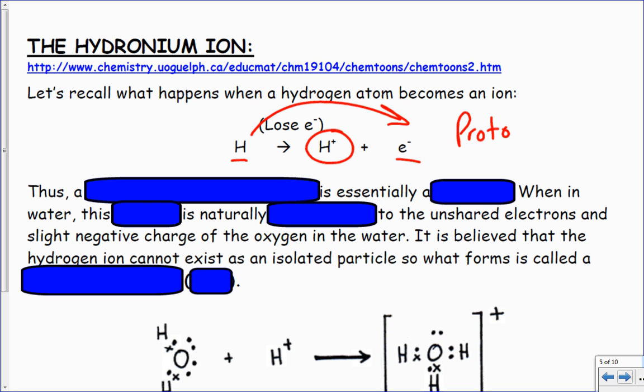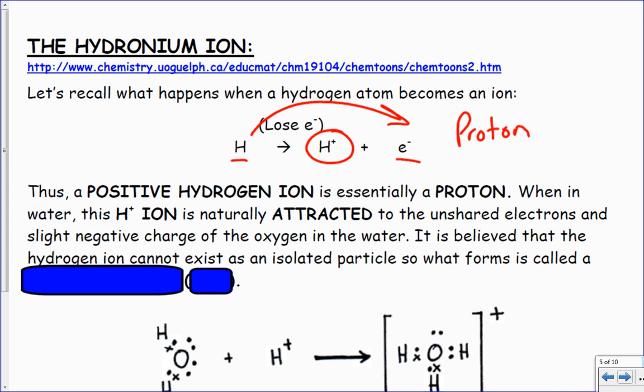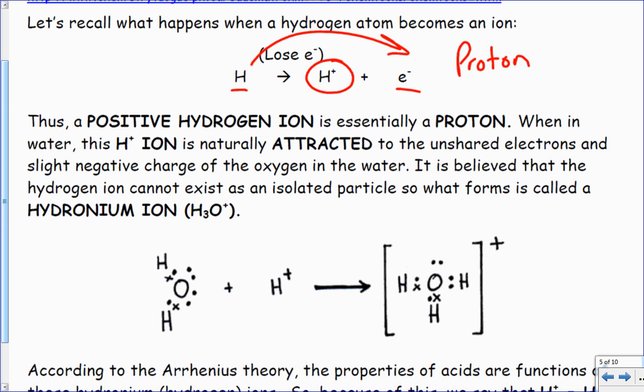That's all I have is a proton. And now we're going to get into why we call it hydronium. This positive hydrogen ion essentially is a proton, and in water, this H plus ion is naturally attracted to unshared electrons. This comes up every year. This becomes the hydronium ion, H3O.